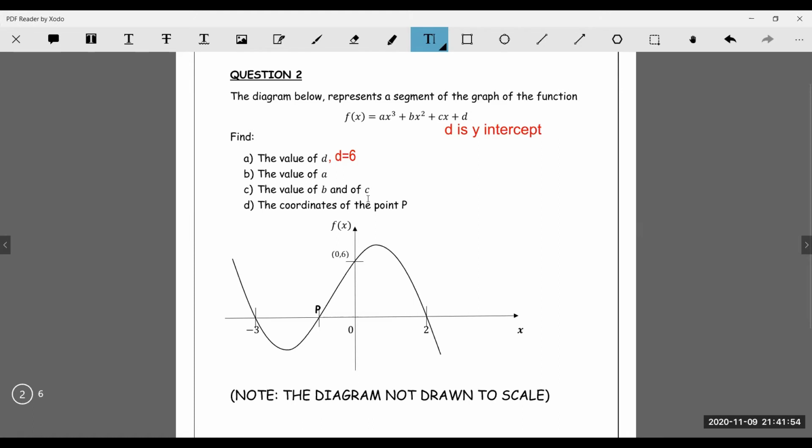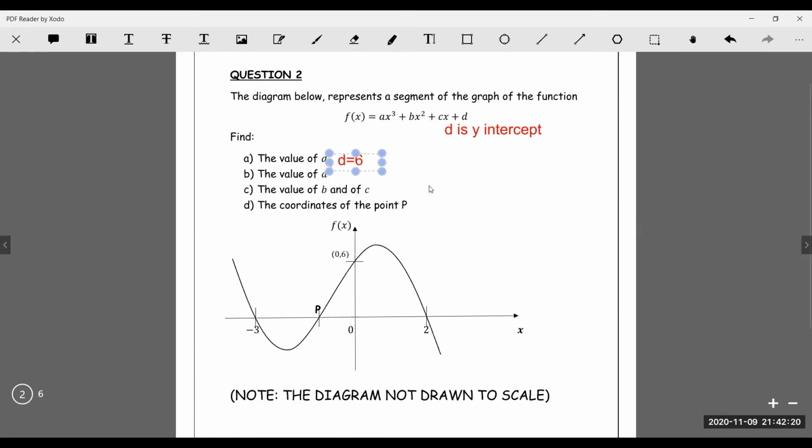Easy question. Now the next question says, what is the value of A? How are we going to find the value of A? I'm thinking of two ways we can do it.